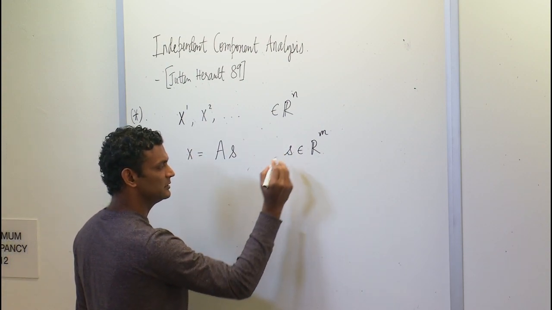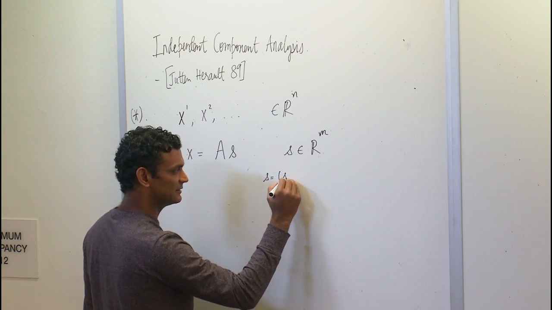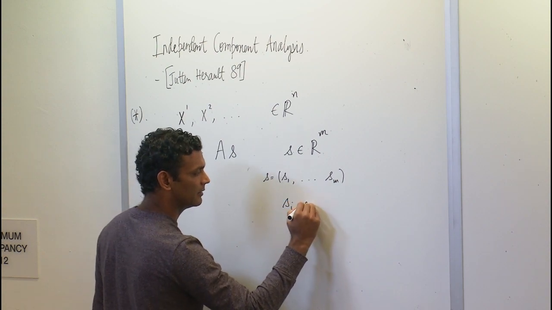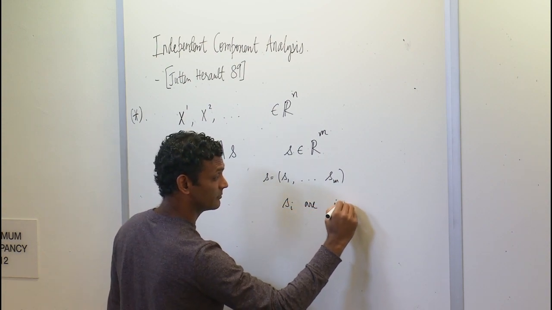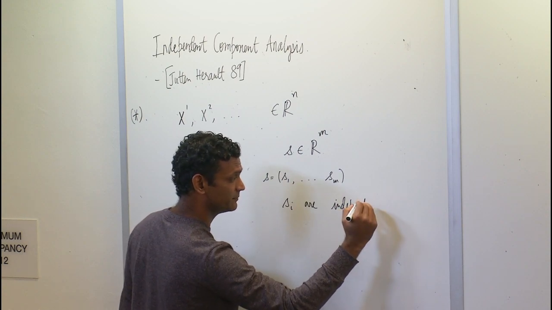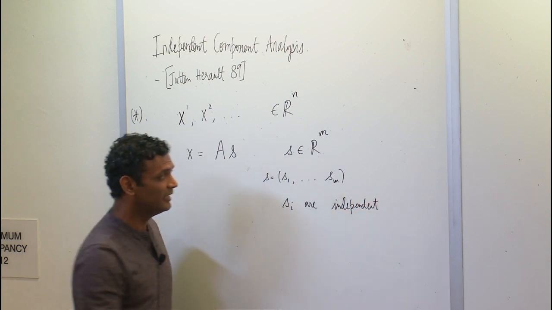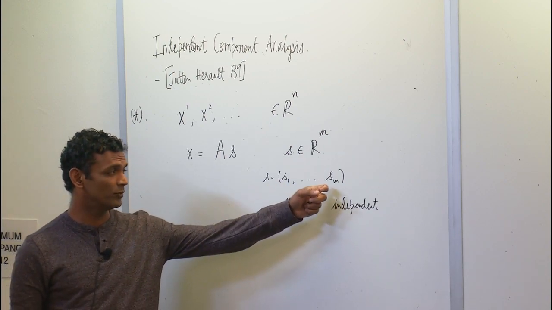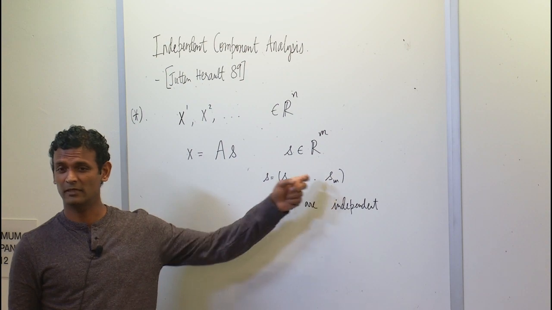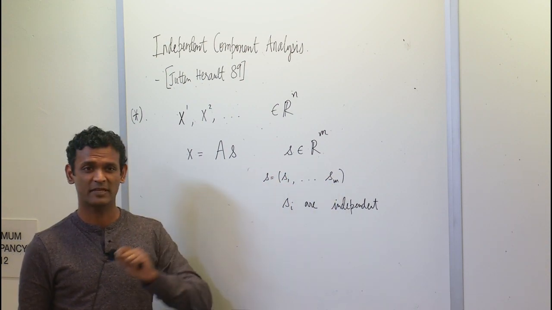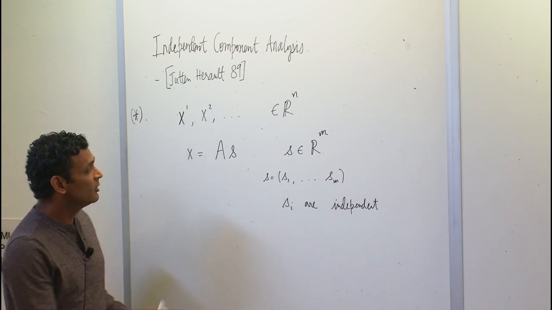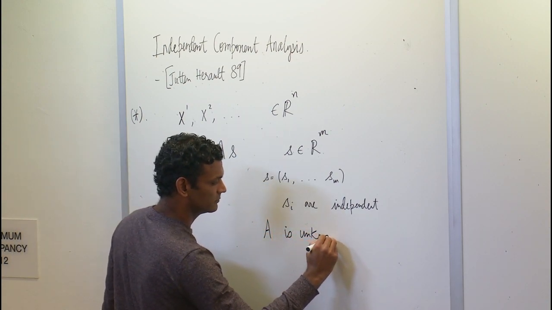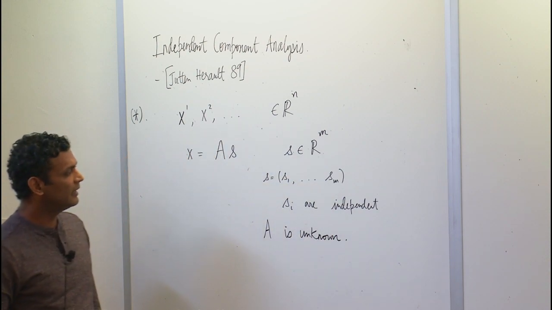With the assumption that the coordinates of s are independent. They're generated from independent distributions. Okay, so s is coming from a product distribution. The distributions for the s_i could be different, but when s is generated, each coordinate is picked independently. The matrix A is unknown. And that's the model.